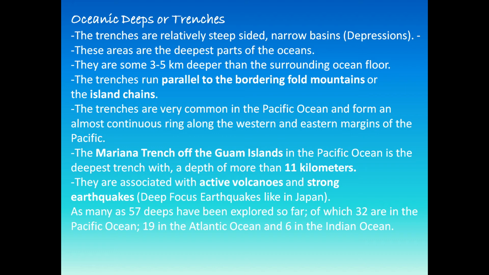The Mariana Trench, found in the Pacific Ocean, has a depth of more than 11 kilometers, as I already told you. Wherever there is a movement in the plate, earthquakes are common. On the Pacific Ring of Fire, earthquakes are common, and Japan is located at one such place. Hawaii is located in one such place. We have very few trenches in the Atlantic and Indian Ocean, just 6 in the Indian Ocean.